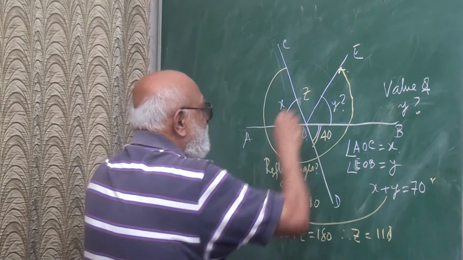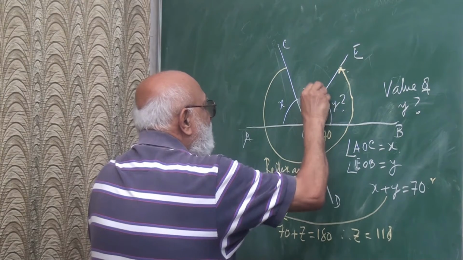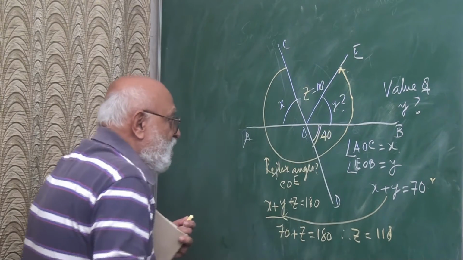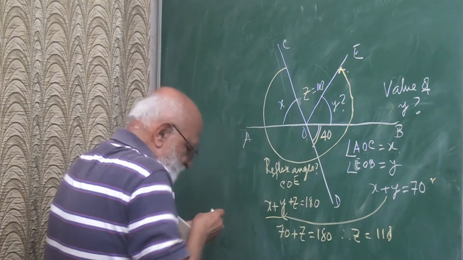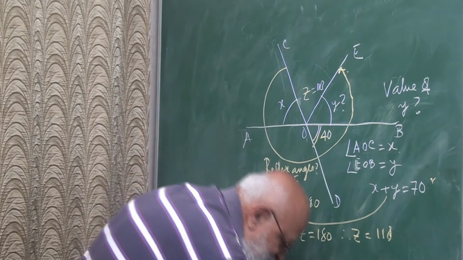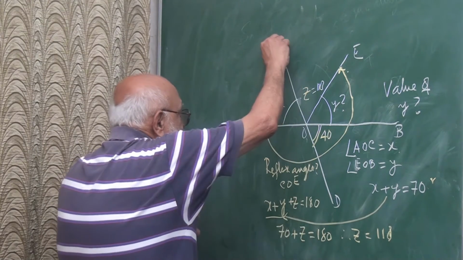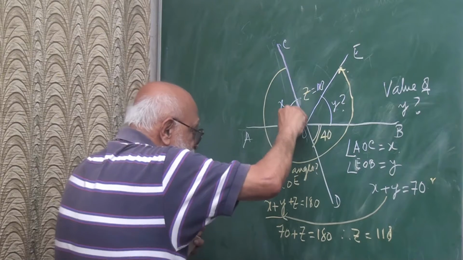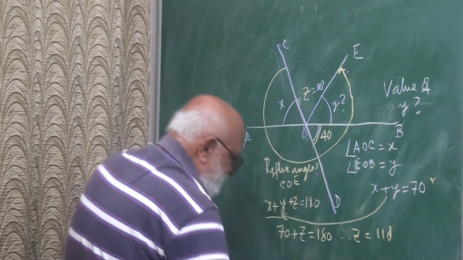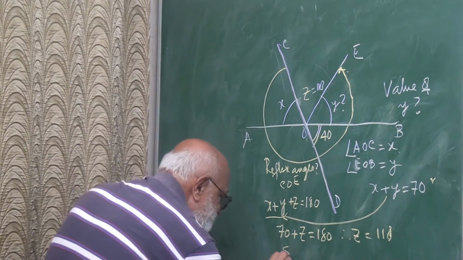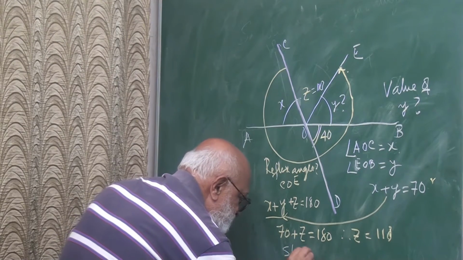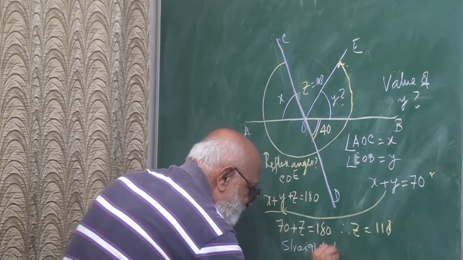So immediately I have found out 110. They have not asked for it. They have asked for Y. So go on this line. Take up this particular line. Again same straight angle.